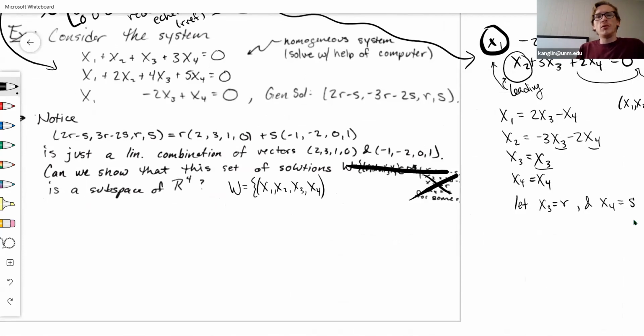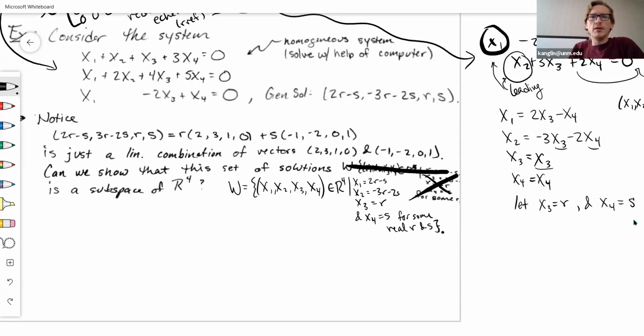The set of all ordered quadruples in R4 such that x1 equals 2R minus S, x2 equals negative 3R minus 2S, x3 equals R, and x4 equals S for some real numbers R and S. That's the set W I'm really trying to describe.